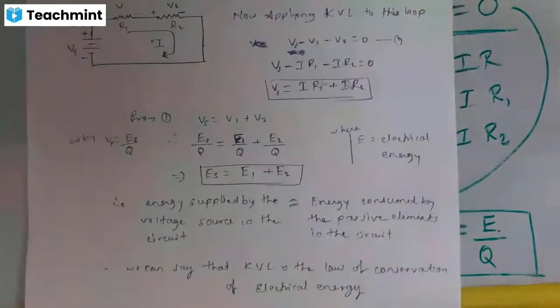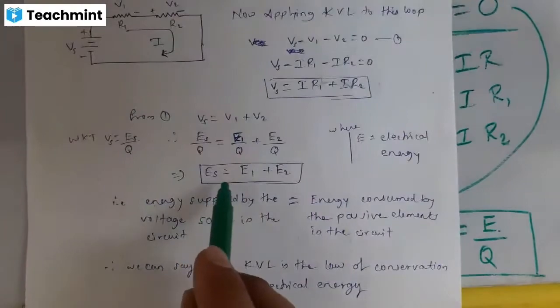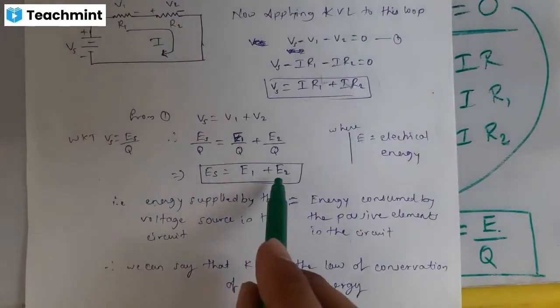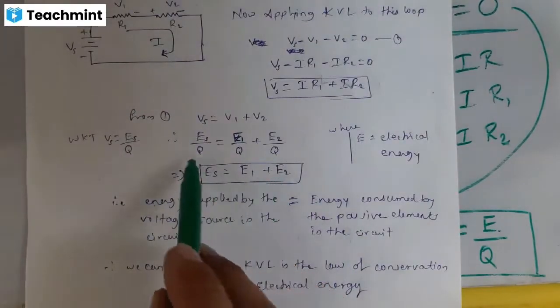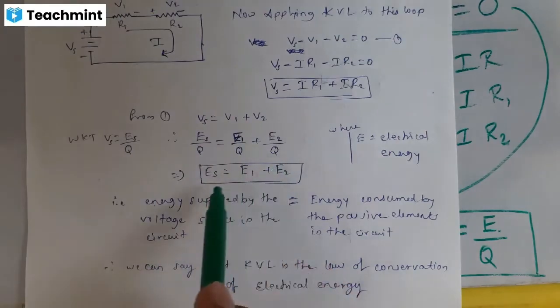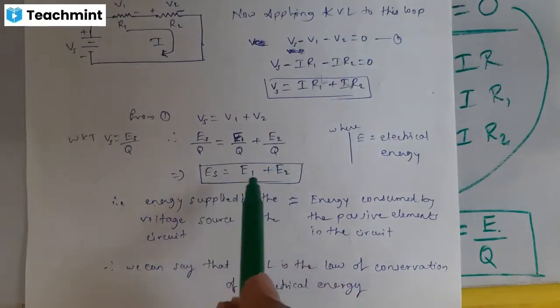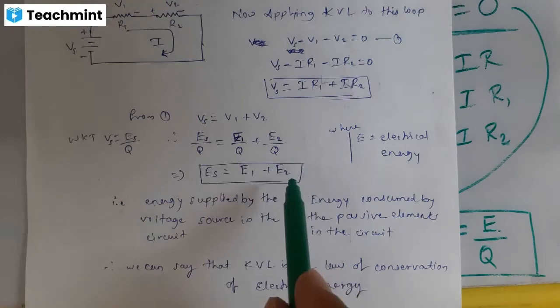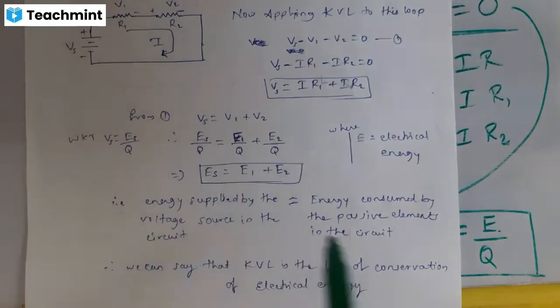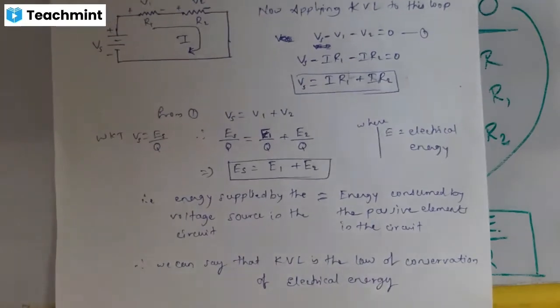So I will get this equation. You can see Es equals E1 plus E2. The Q will cancel out here. Okay. What remains is Es equals E1 plus E2. Now what does this equation say? If you observe carefully, Es is the energy supplied by the voltage source in the circuit.